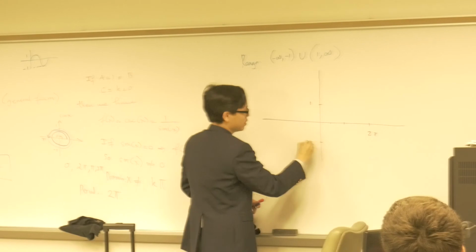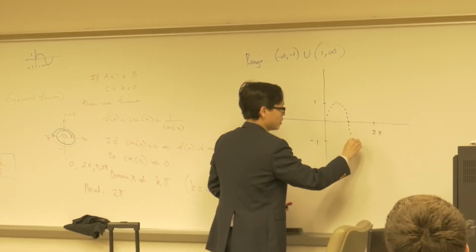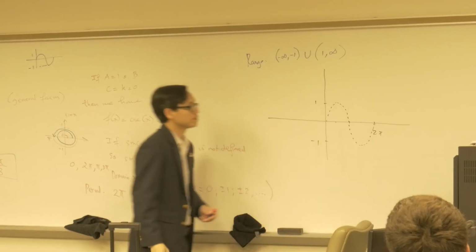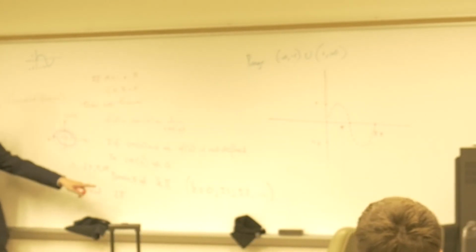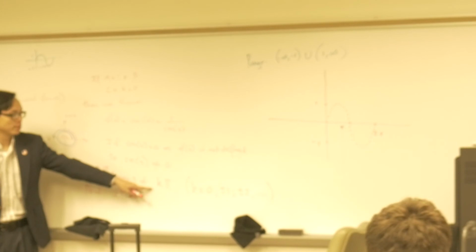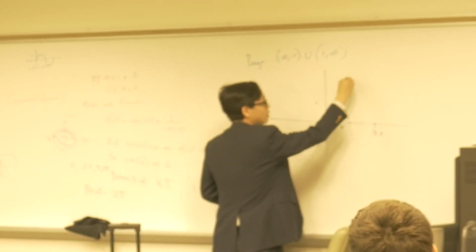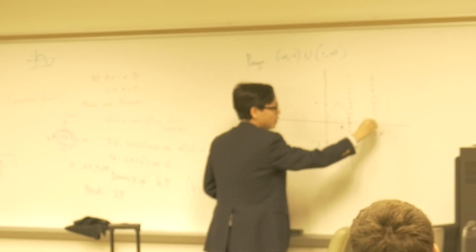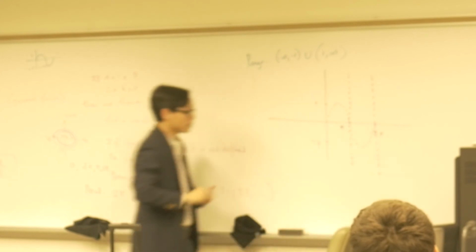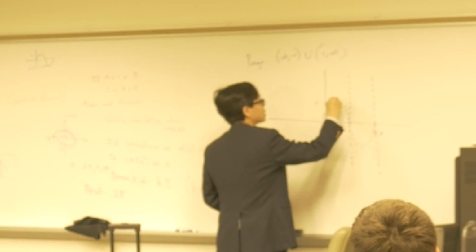This is 1, negative 1. Right? And we know the vertical asymptotes will be at k pi, so at pi and 2 pi. So we will have vertical asymptotes right here. And we're going to have the cosecant that looks like that.